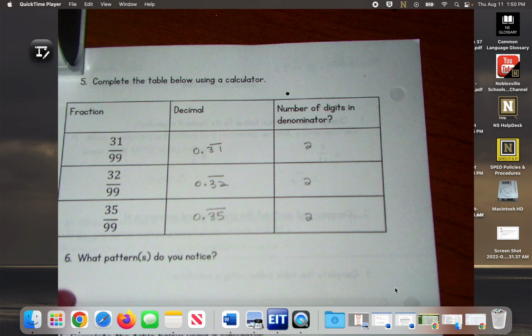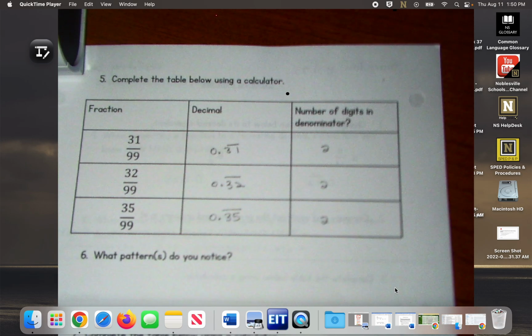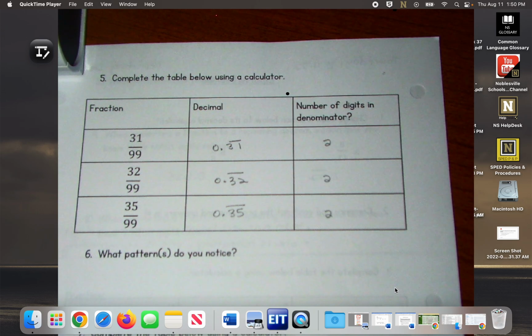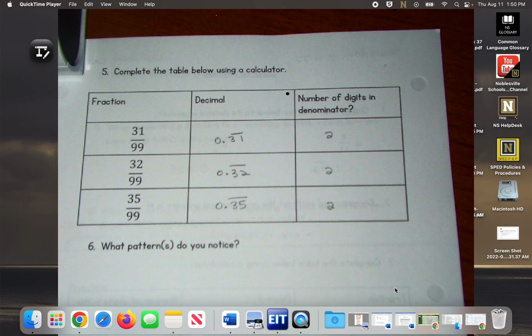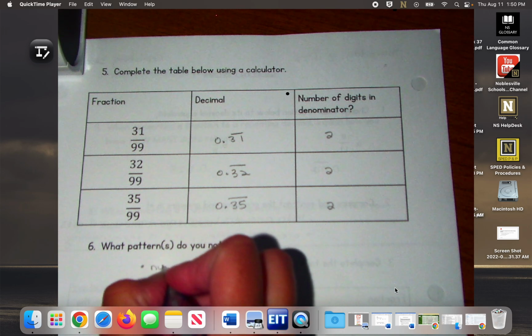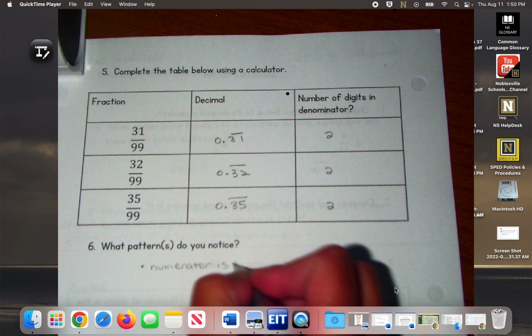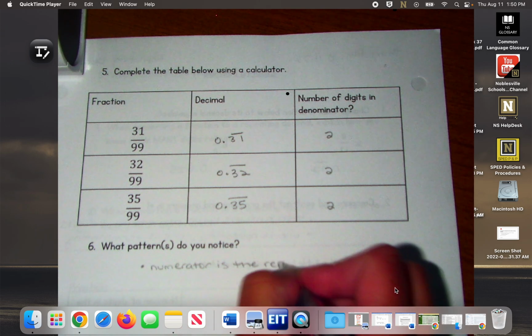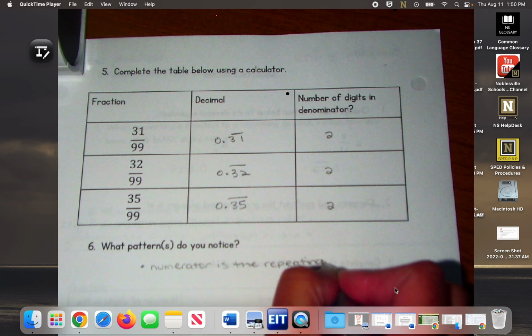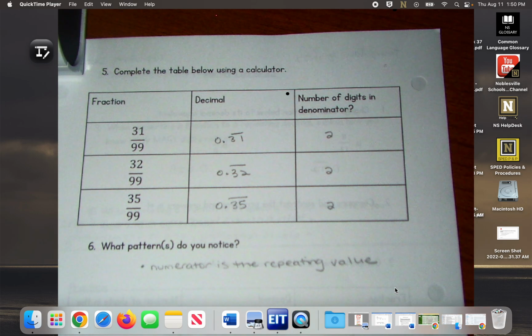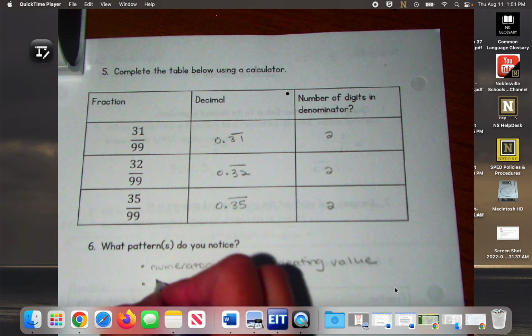Okay, so what patterns do we notice here? So if you don't have something written down, now's your chance to write something down. Molly, what do you notice? The numerator is repeating again. Yep. Is the repeating value. Okay. What else do we notice? Tyler? They all repeat.